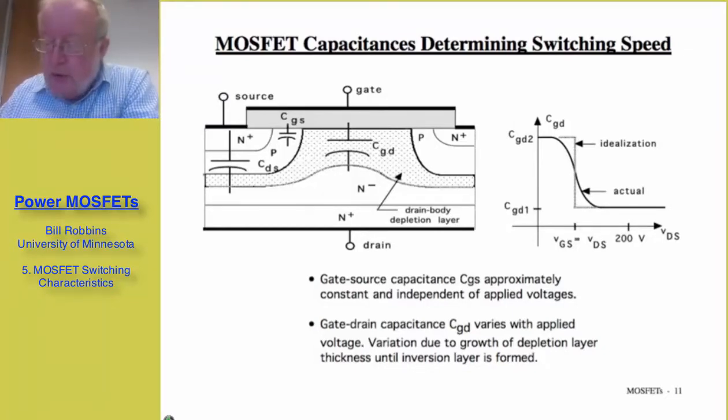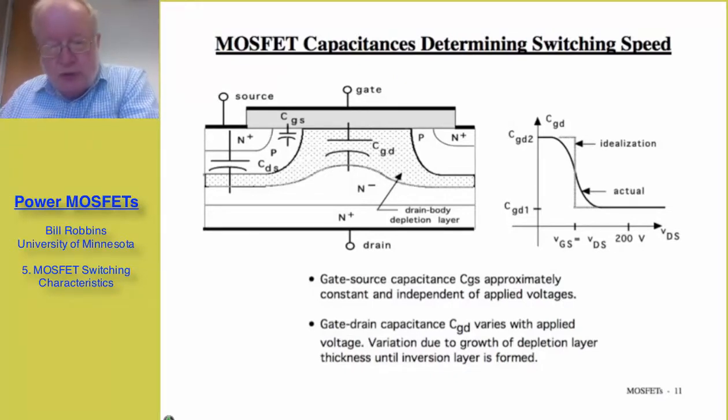There is a small capacitance between the drain and source, which in some applications or analyses one needs to take into account, but we're not going to discuss that in this particular module because for most applications it isn't all that important. Probably the most important capacitance is the gate to drain capacitance.